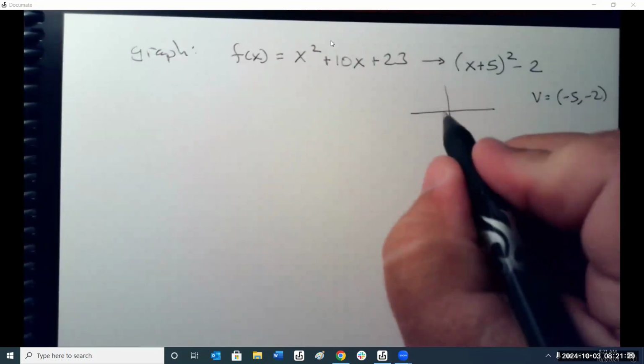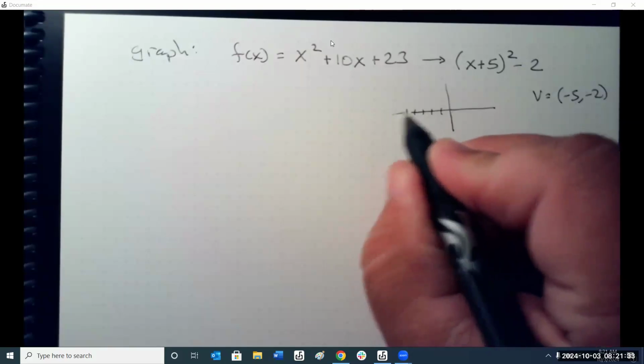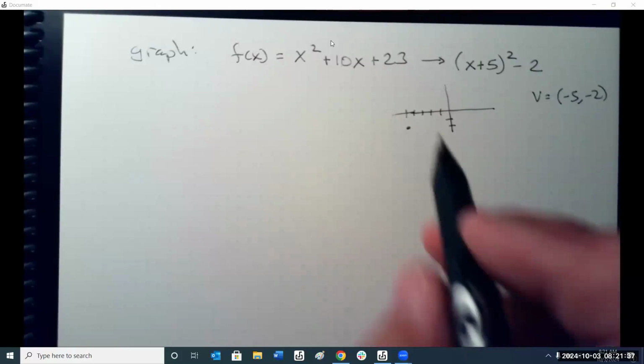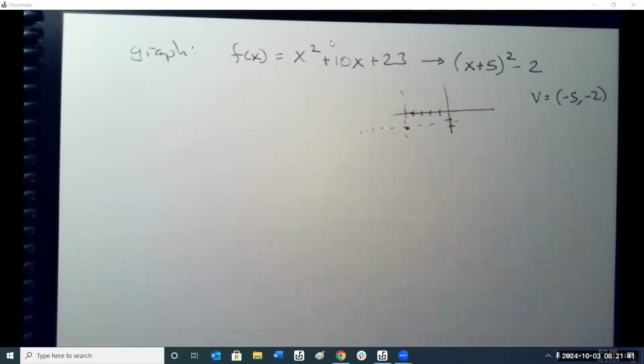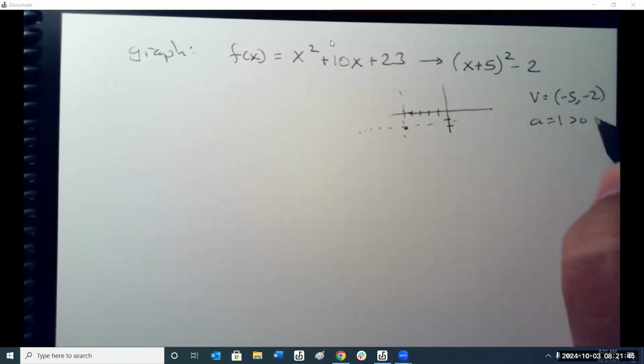So the vertex is negative 5, 1, 2, 3, 4, 5, and go down 2. So there's the vertex. In other words, that's my new origin. A is 1, it's greater than 0, so it opens up.